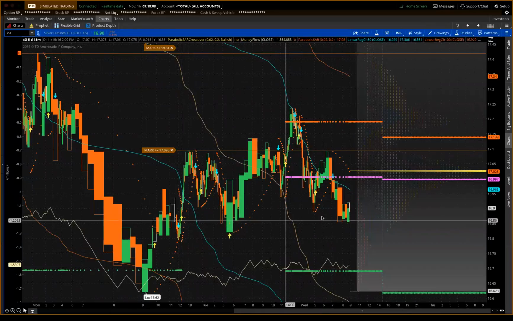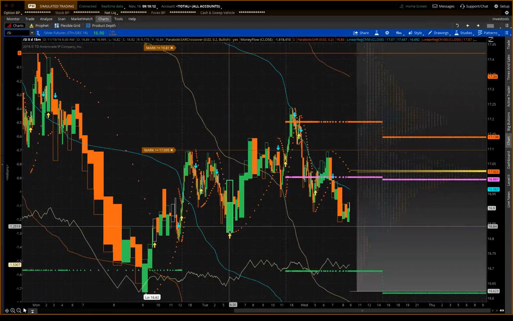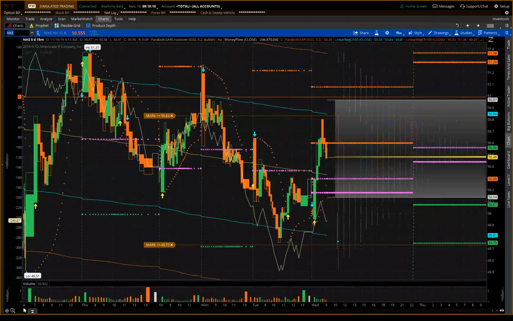A lot of patterns like this here. I think oil was that way too. Came down to the down here. That, I think Nike did it too. Went further.